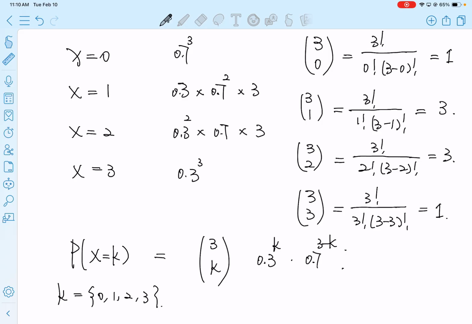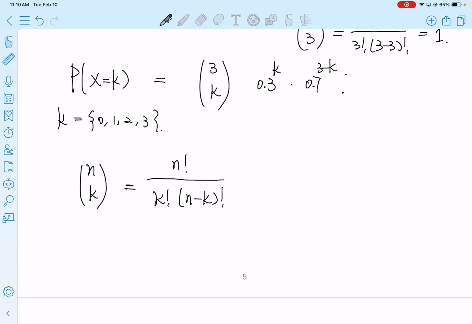But now by looking at this formula, there's one problem.